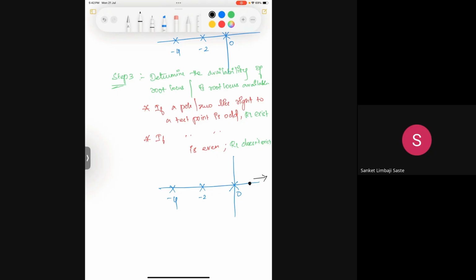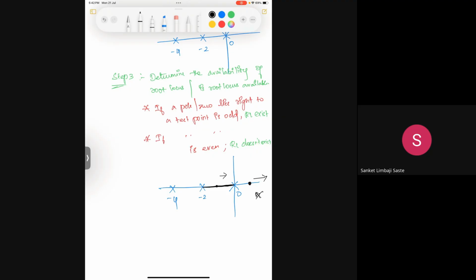No. So root locus doesn't exist here. Now I'm taking a test point here. Then I'm seeing whether there is any pole or zero on the right. One exists, that is odd. So I'm considering root locus exists here in this vicinity until it reaches the other pole.